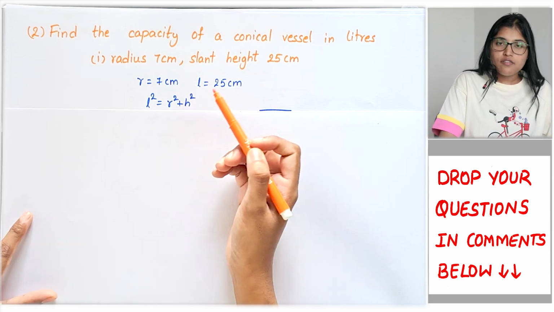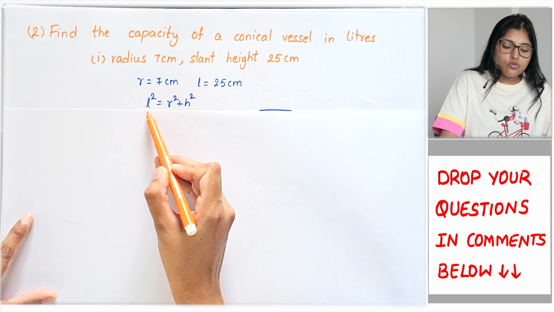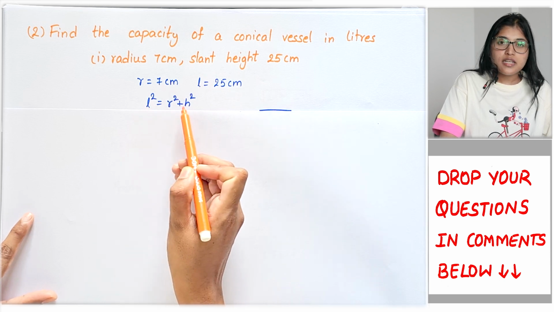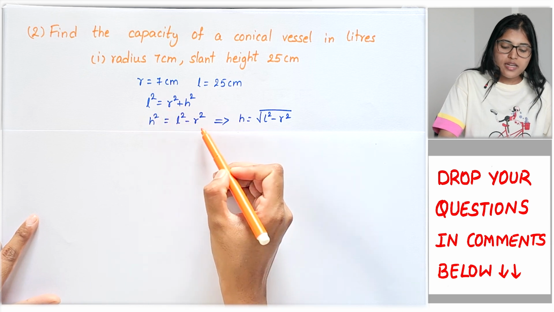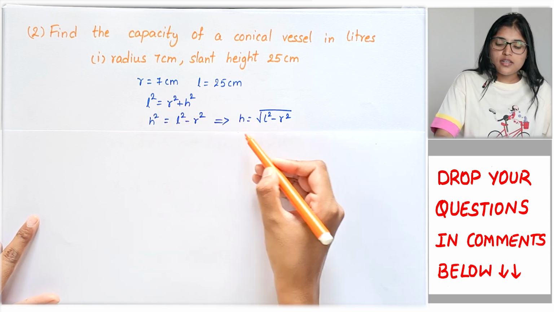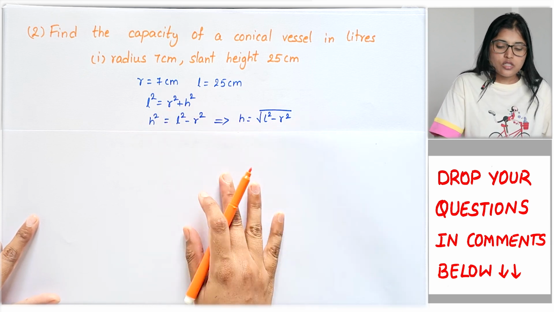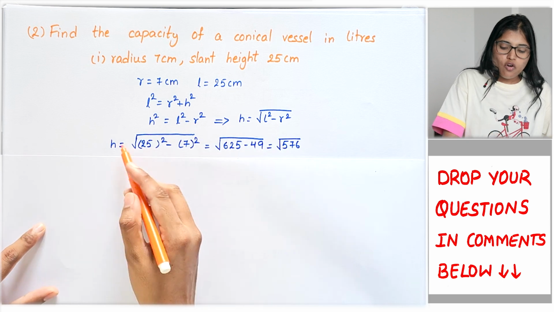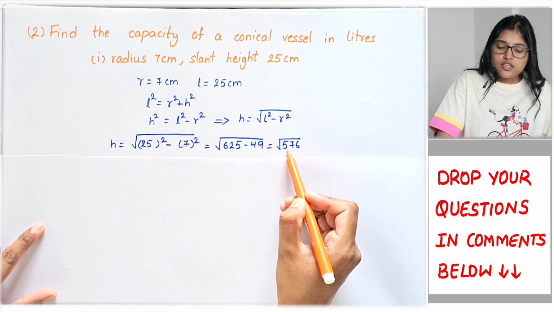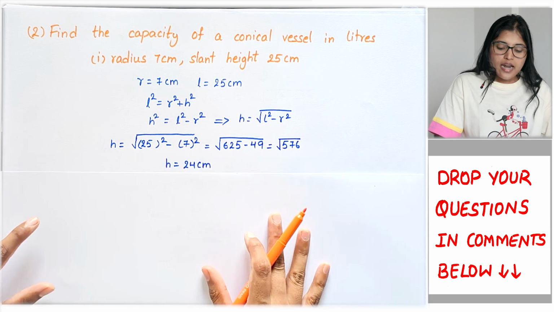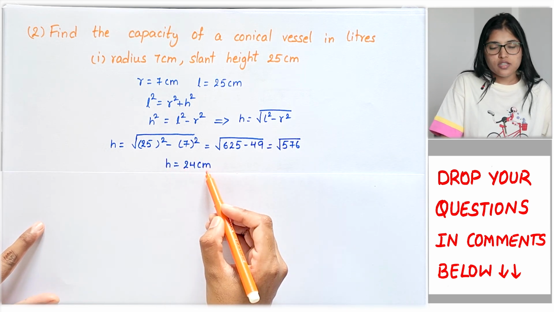Now I need to find the value of h, for which I am going to use l square equals r square plus h square, where h square can be written as l square minus r square. So h can be written as square root of l square minus r square. Substituting the values, I get 25 square minus 7 square, which is square root 576, and the value for h will be 24 centimeters.